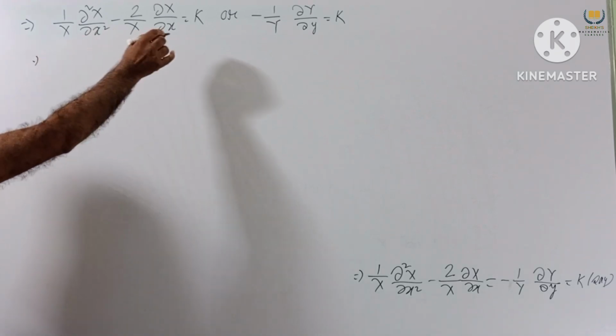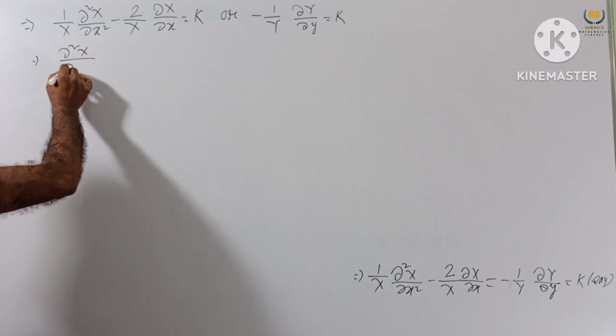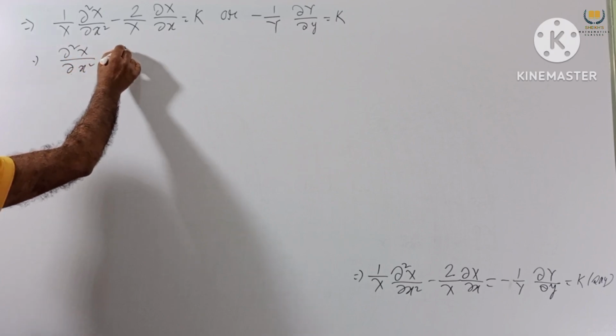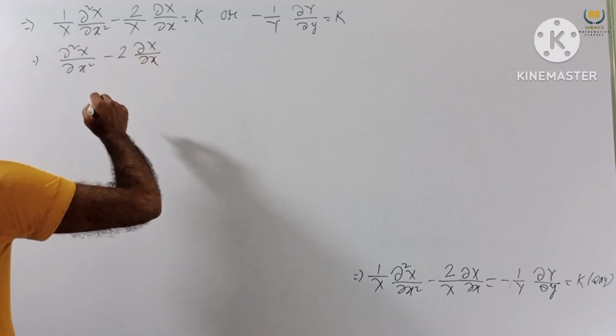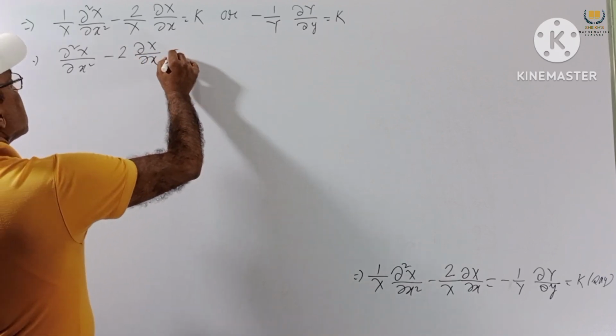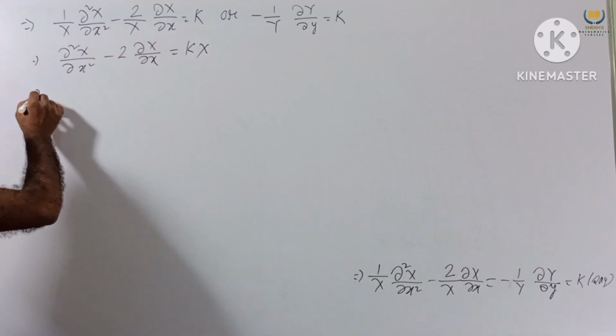So this x multiplying on the right-hand side, ∂²x/∂x² − 2 ∂x/∂x = kx.